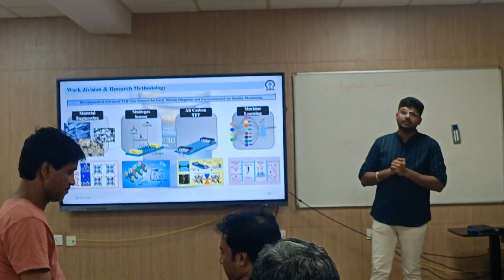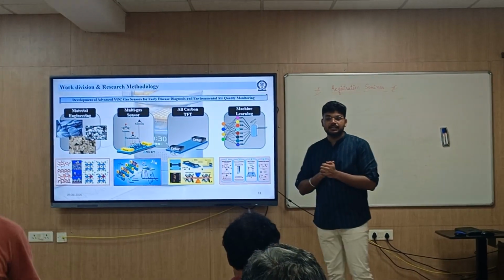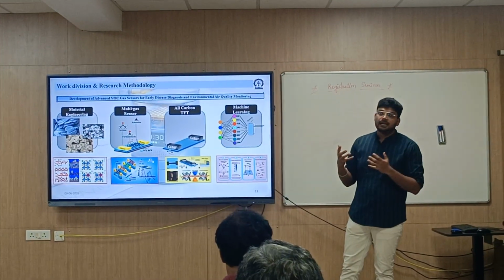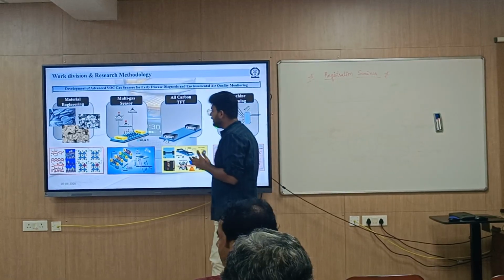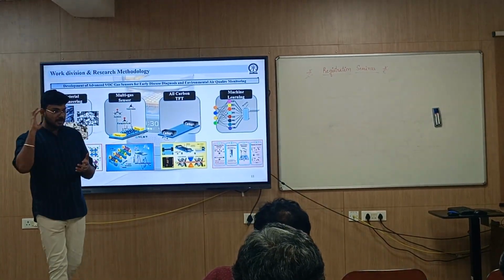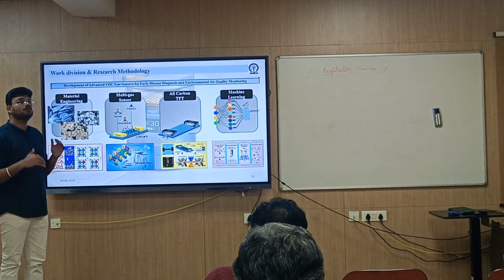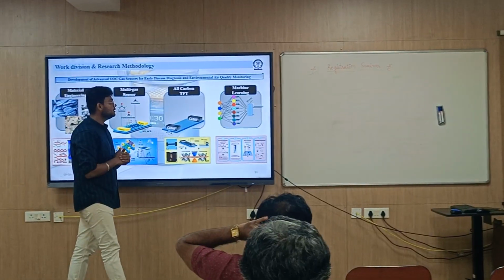First, synthesize the material, then check in a multiple gas environment, and we are making interdigitated electrodes. The architecture is more or less the same from a fabrication point of view, but I want to modulate the architecture-wise things also.